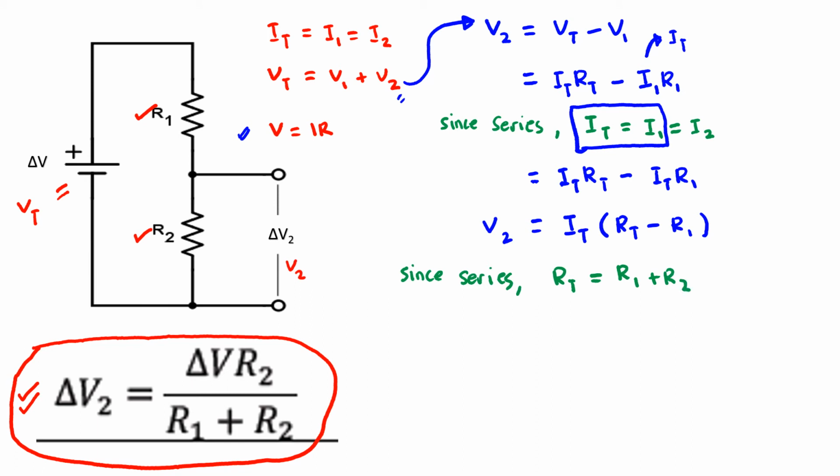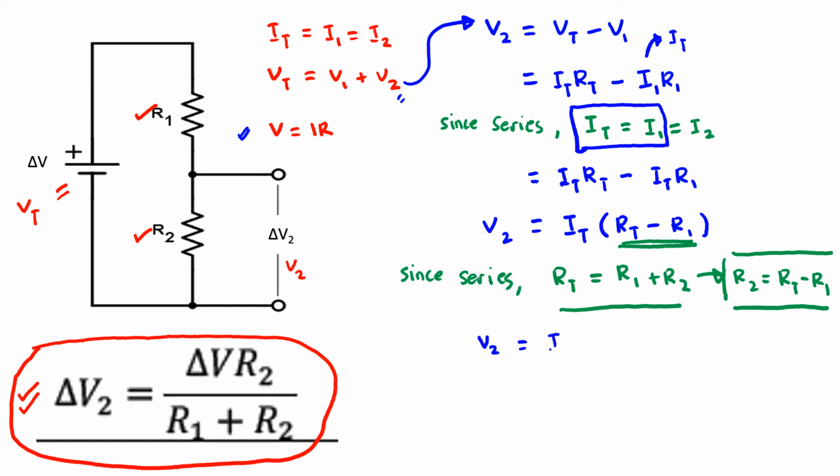As a matter of fact, the term RT minus R1 is just equal to R2. So I could rewrite that equation further.